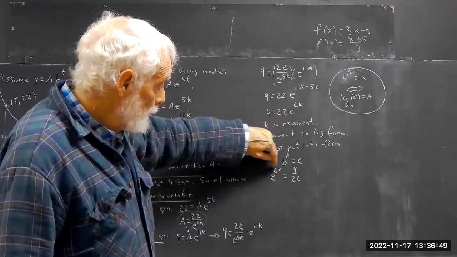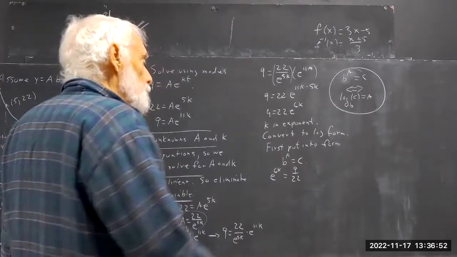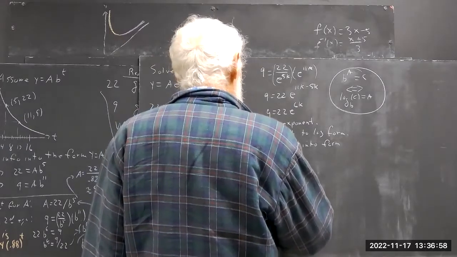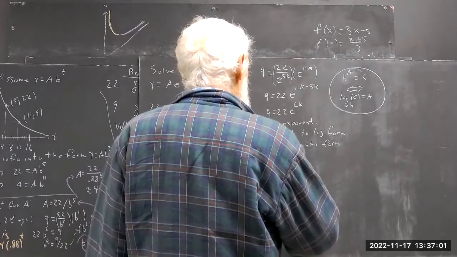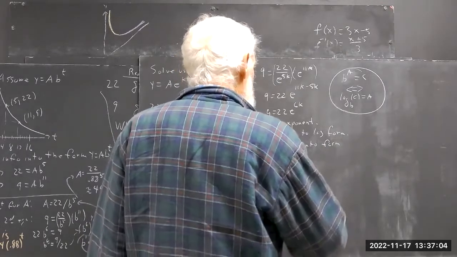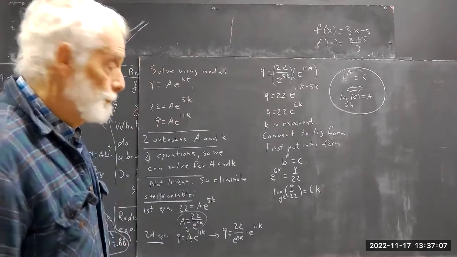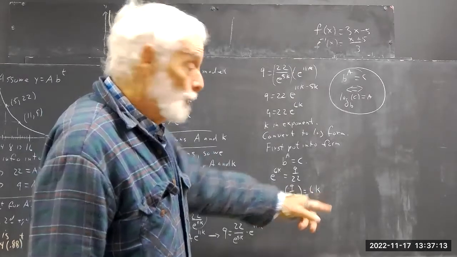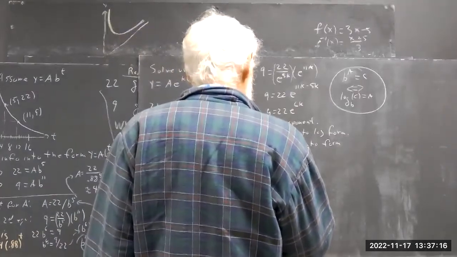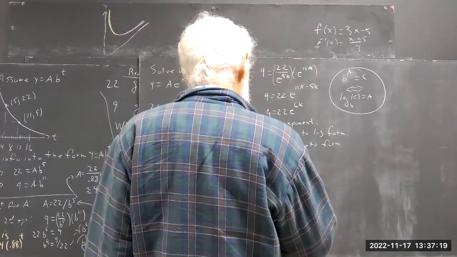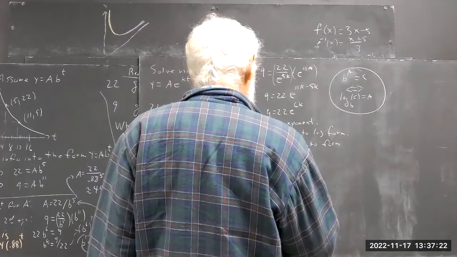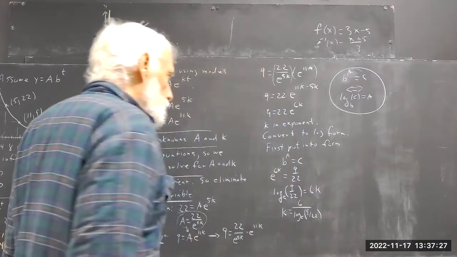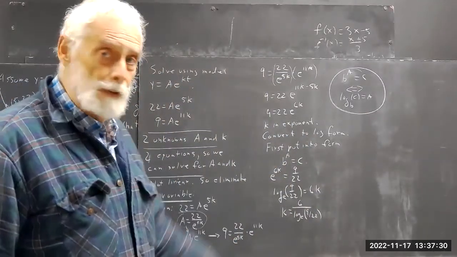Okay, so we have e to the 6k is 9 over 22. We convert that to log form. Get log base e of 9 over 22 equals 6k. Well, there's our k. All we got to do to solve for k is divide 6 by log base e of 9 over 22.